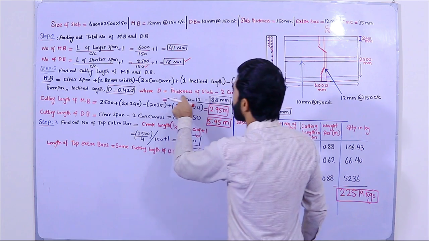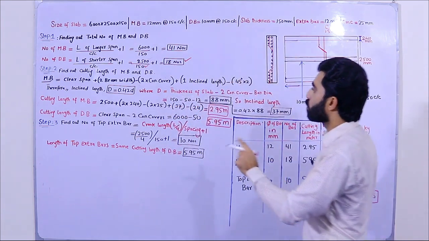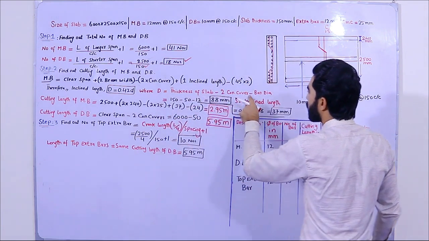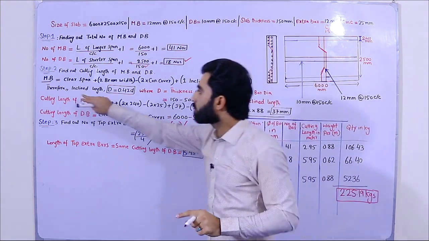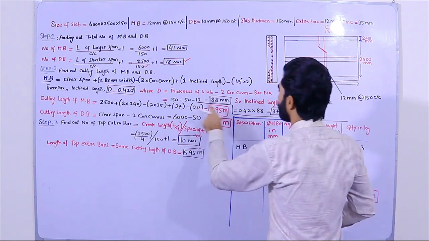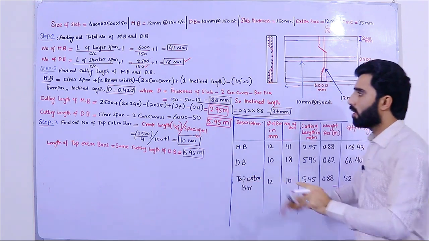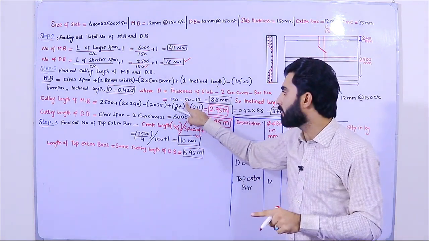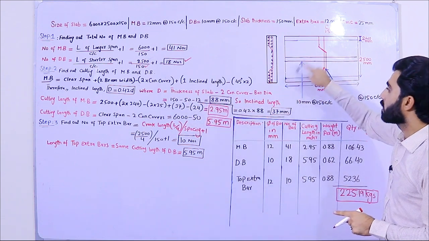Where d is the thickness of the slab, which is 150 mm. So d is the thickness of the slab minus 2 concrete cover minus bar dia, and then we will get the inclined length. Here 150 is the thickness of the slab, minus 2 concrete cover, so 25 plus 25, 50, minus 12, where 12 is the dia of the steel rod.